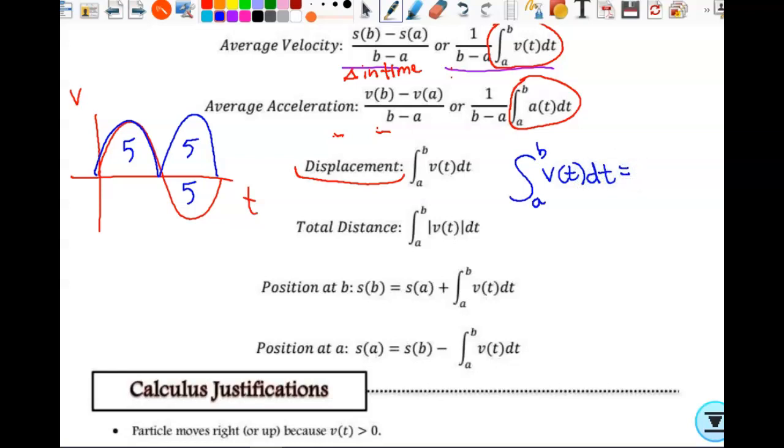Change in position. So position at B minus position at A. So I have an equation. I can solve for position at B by adding the initial. So the position at time B is initial position plus the change in position.